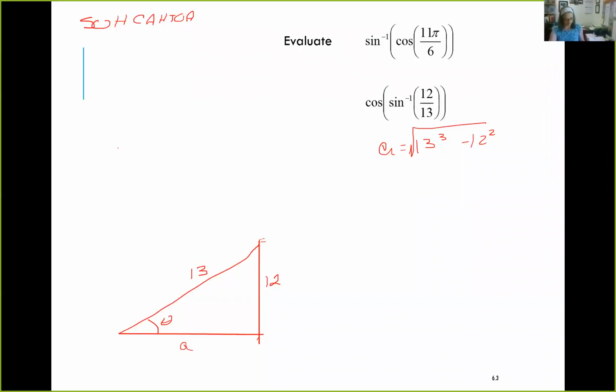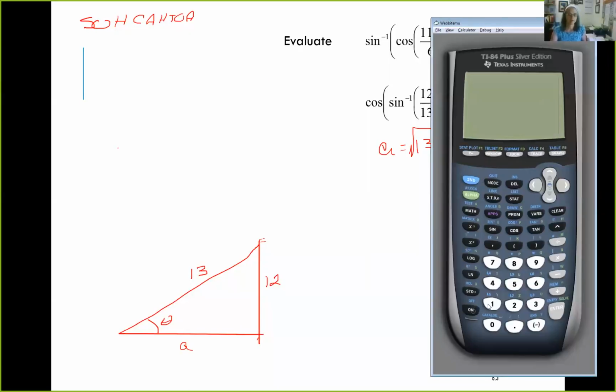So let's take out our calculator. 13 squared minus 12 squared is 25. I know the square root of 25 is 5, right? Let's check that. What's 25 plus 144?